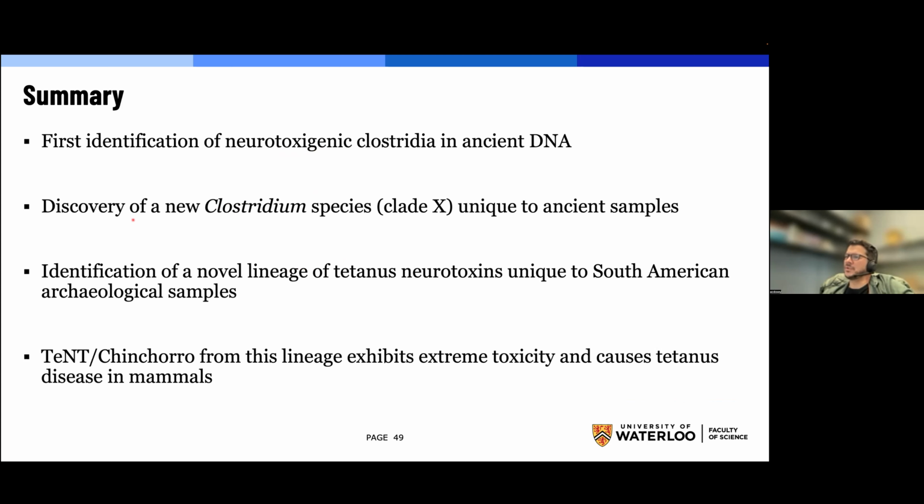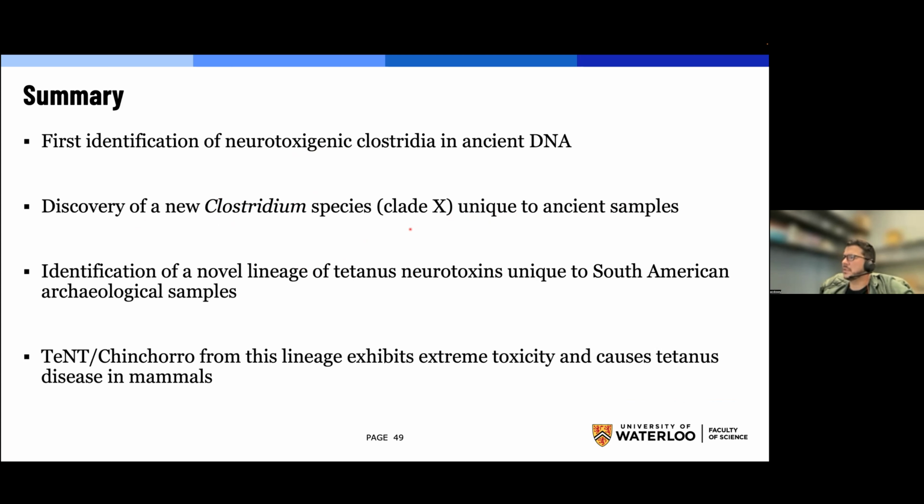This also led to the discovery of a new Clostridium species, and we're going to be following up on this in other papers to come. And this new clade of Clostridium really appears to be completely unique so far, anyway, to ancient samples, and it's a fascinating finding, I think.